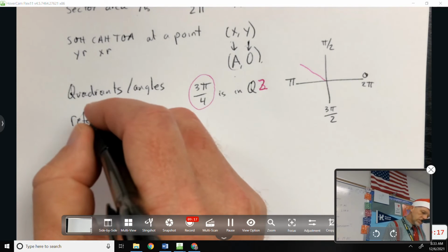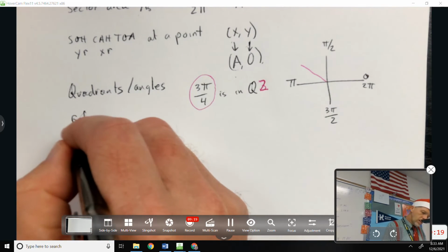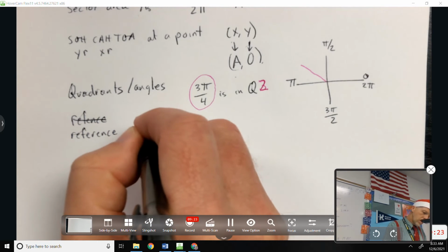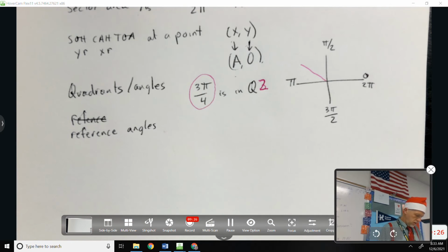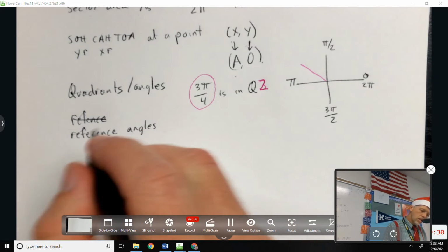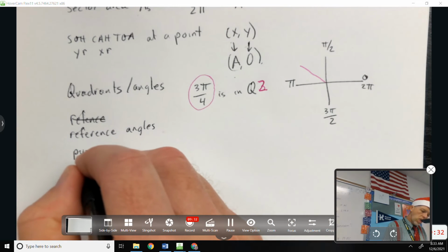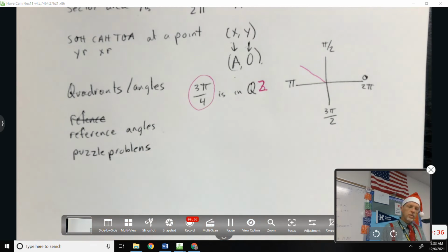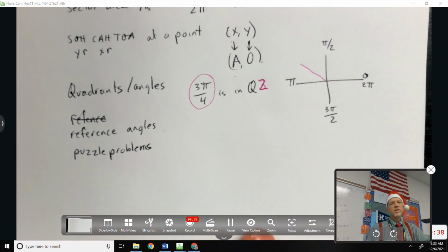Reference angles. Oops, if I could spell. Puzzle problems. Do you know what I mean when I say puzzle problems?